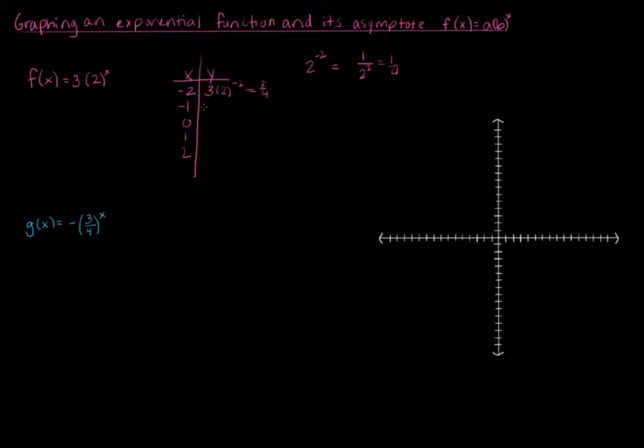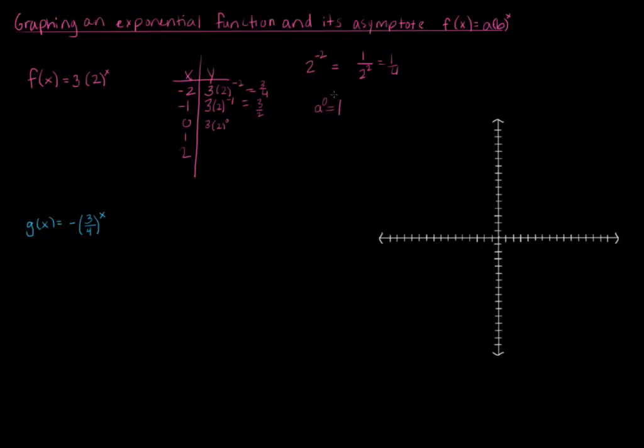Okay, so for the -1 power, we've got 3 times 2 to the -1 power. Now the -1 power just puts it in the bottom of a fraction, so that would be 3 times 1/2, which is 3/2. All right, now 3 times 2 to the 0 power. Anything raised to the 0 power is always equal to 1.